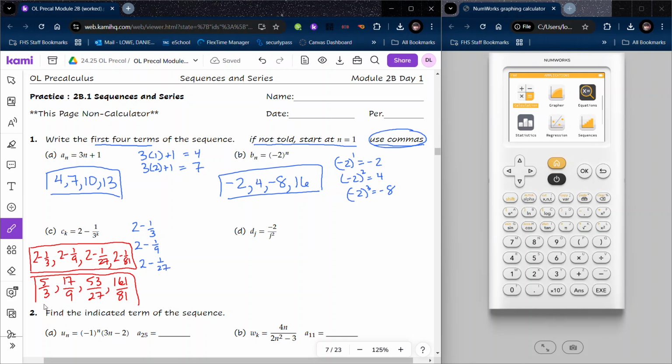So either of those is okay. You don't have to simplify your work unless you're explicitly told to do so when working with sequences and series.